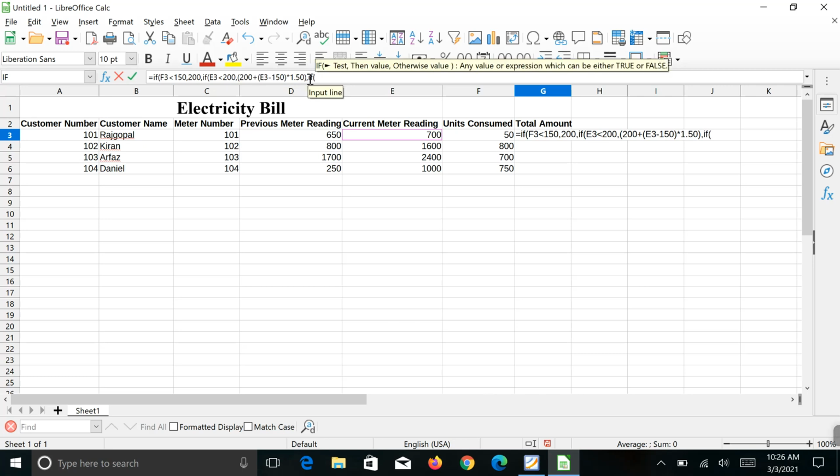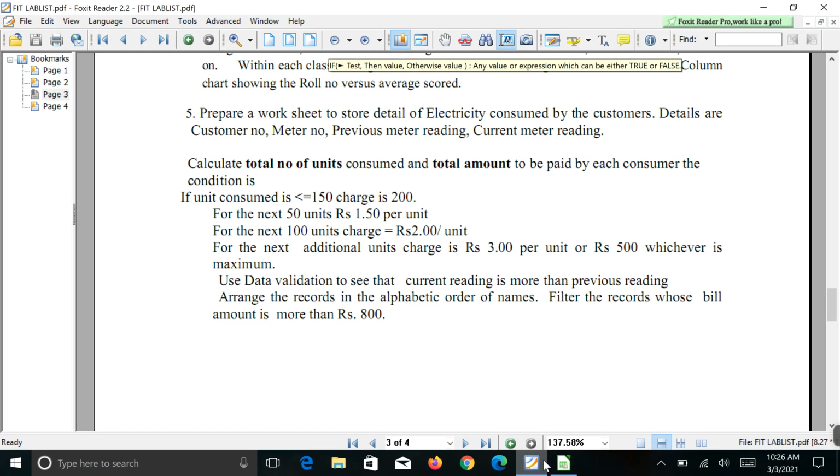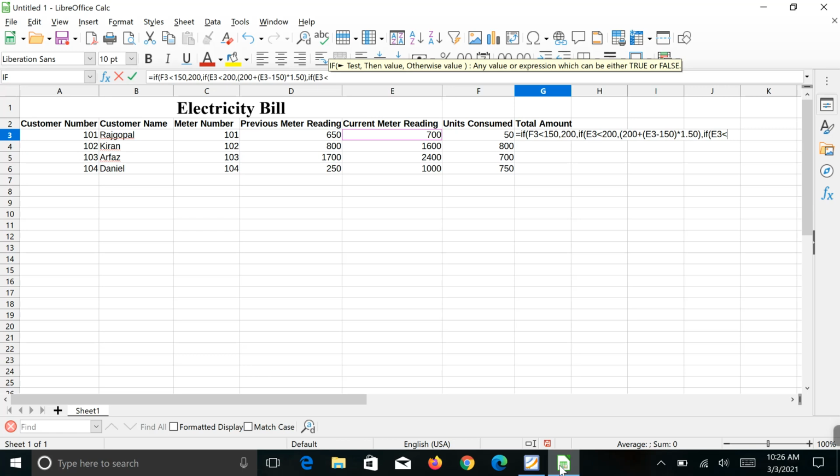Otherwise, if your units consumed is less than, let us go to the next step. For the next 100 units, charge 2 rupees per unit. That means if E3 is 150 plus 50 plus 100, that means 300. 150 at the rate of 200 rupees. The next 50, that is up to 200 units, at the rate of 1 rupee 50 paise.